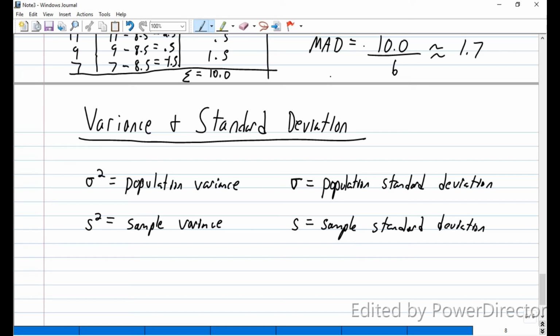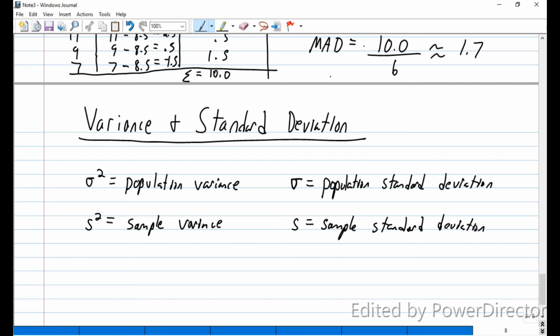All right. So now, mathematically, what would we have to do to change sigma squared into sigma? What mathematical operation would we have to do to change a variable squared into a variable to the first power?